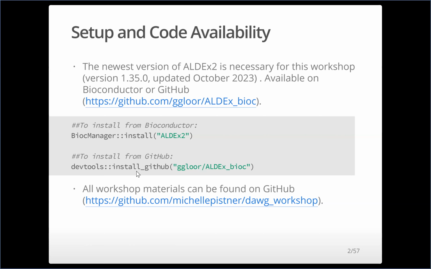So if you just use BiocManager install, you might not get the right update. So this is actually a little bit incorrect. Your safest bet is to just install it directly off Greg Gloor's GitHub. And that will basically make sure that you have all of the new changes. And if you prefer to install it off Bioconductor, you can do that probably in a day or two, and it'll reflect the same version.